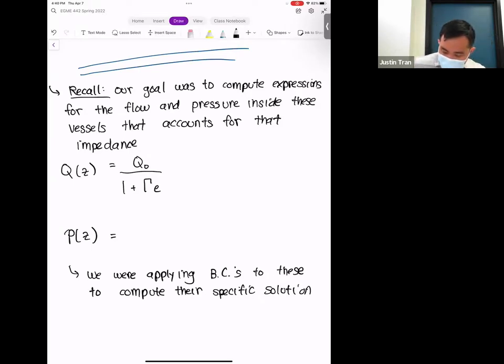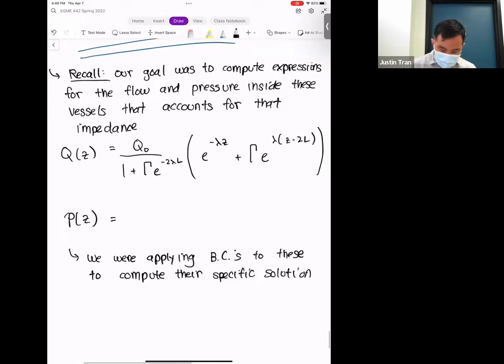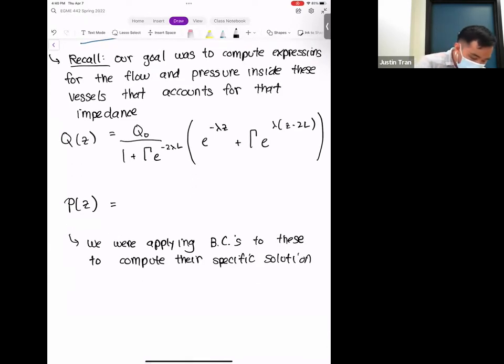So we have 1 plus gamma times e to the minus 2 lambda L, and this is multiplied by e to the minus lambda Z plus gamma e to the lambda (Z minus 2L). So that's Q of Z.